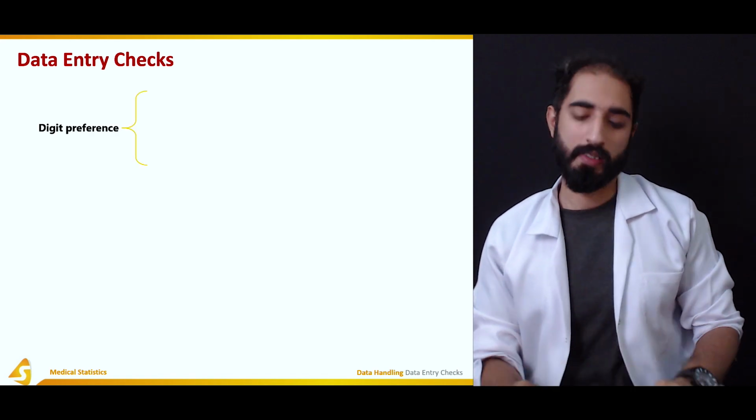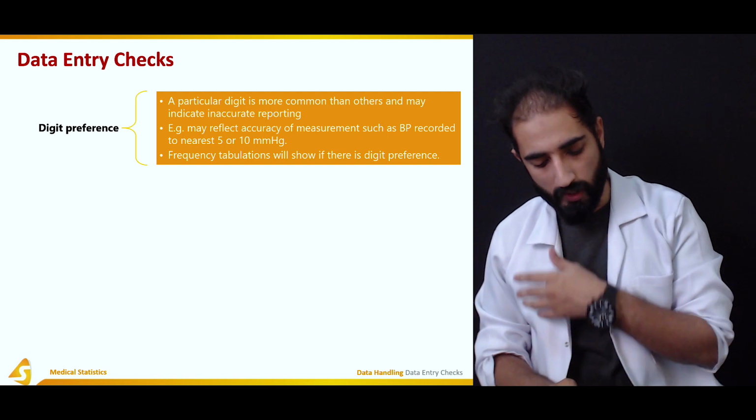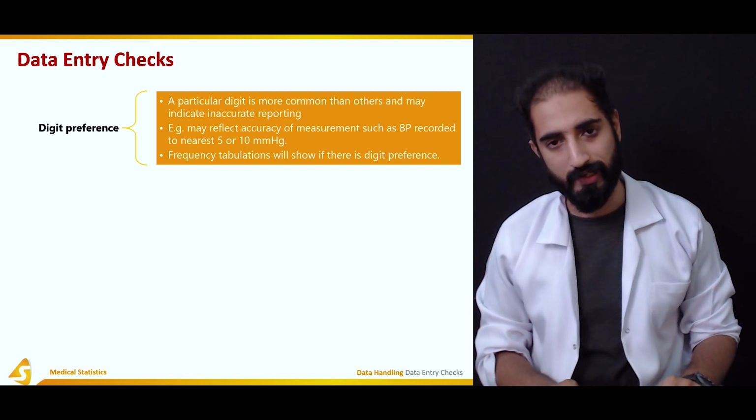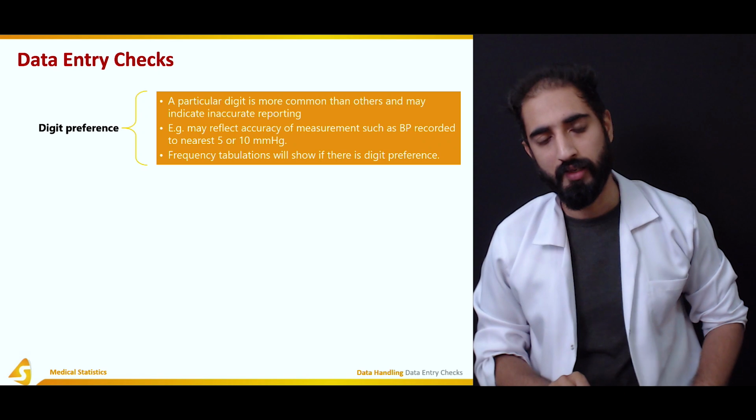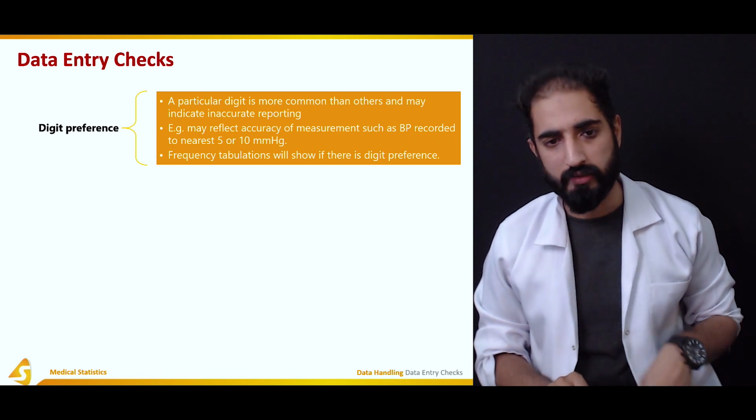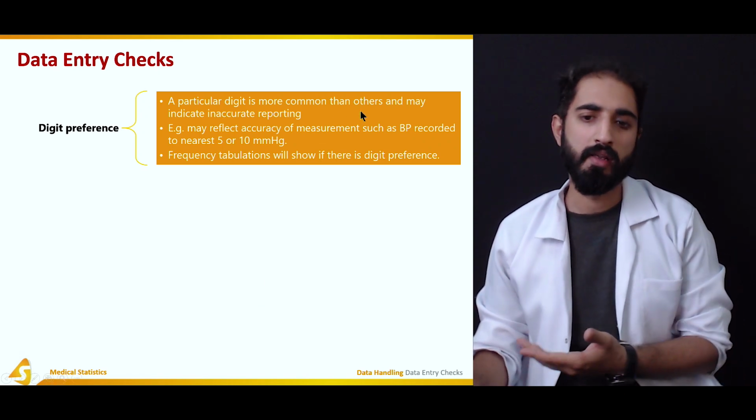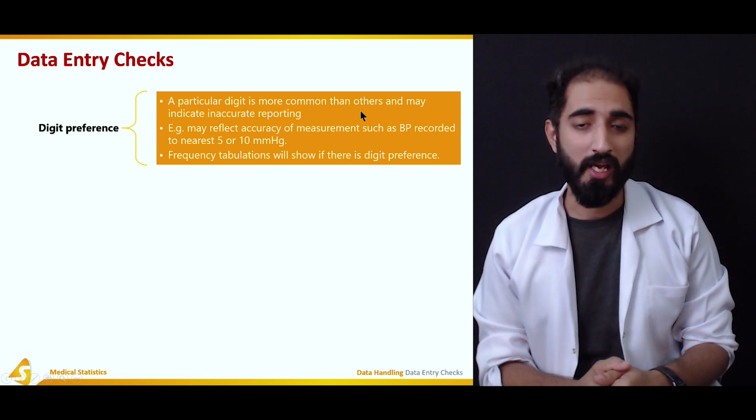Now, digit preference. Sometimes, whenever researchers are collecting or entering the data, they try to round off the figures. So a particular digit is more common than others and may indicate inaccurate reporting.